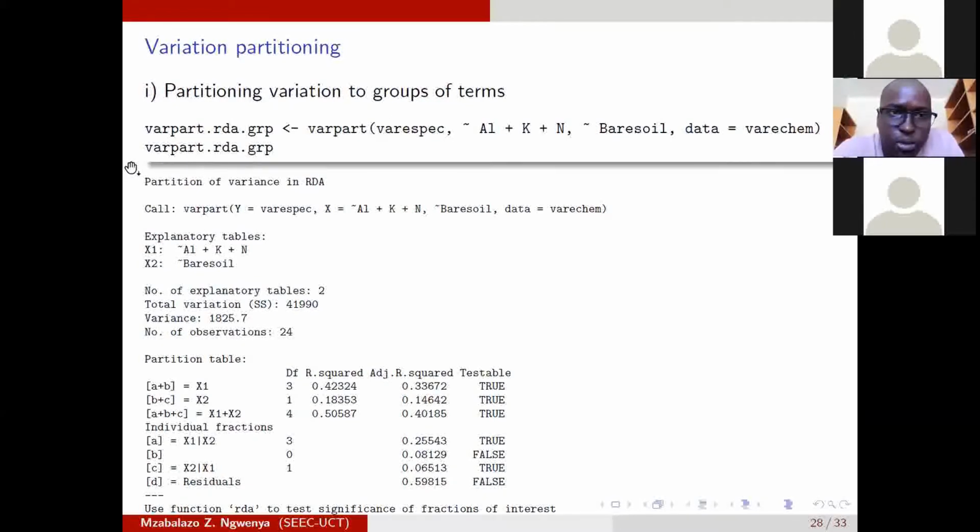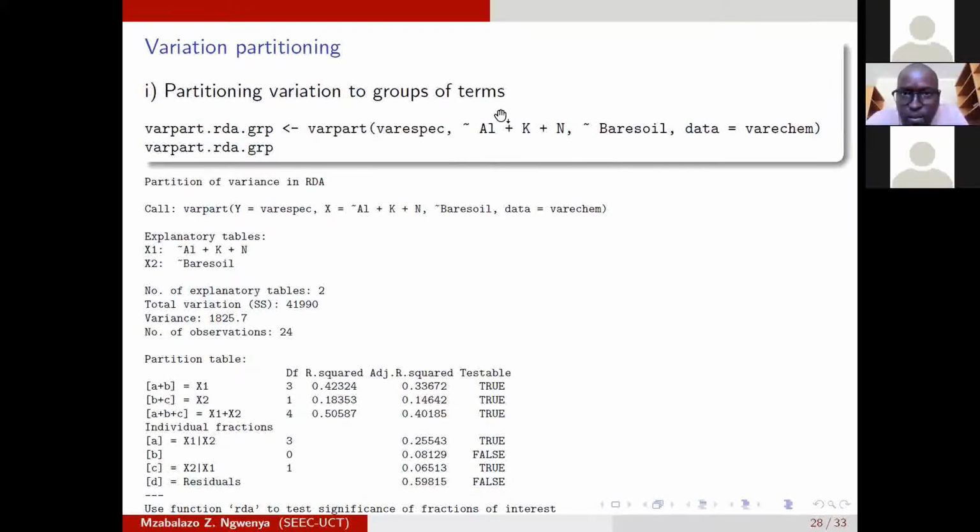We want to see how much variation can be attributed to the set of chemical variables and to that individual variable.